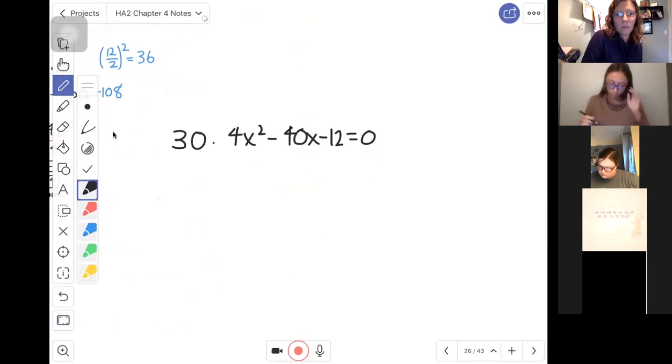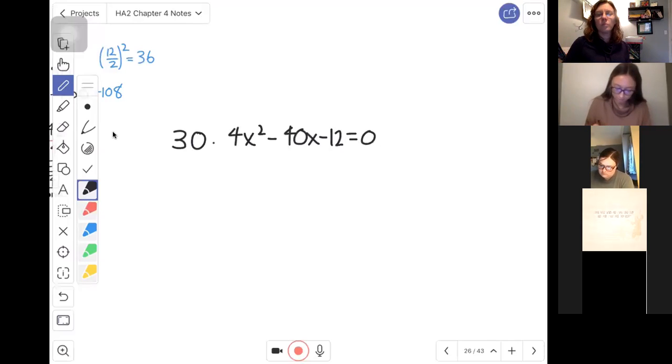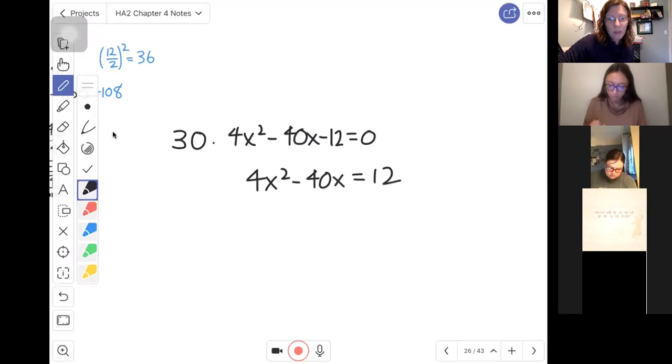I divided 4 out from the terms. Yes, we will, but before we do that, we have one thing we should do first. You move the 12 to the other side. Yes, awesome. We want to move that 12 to the other side. I'm just going to do that in 2 different steps for right now, just to emphasize that we need to move that C over. And yes, you are correct.